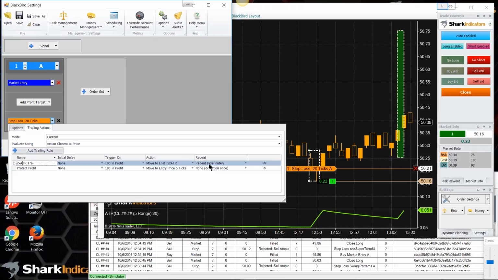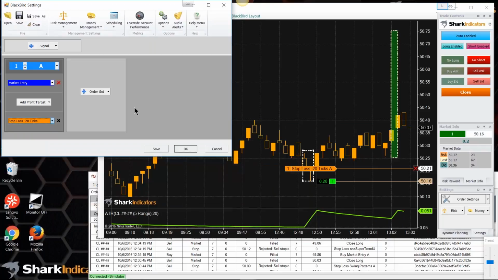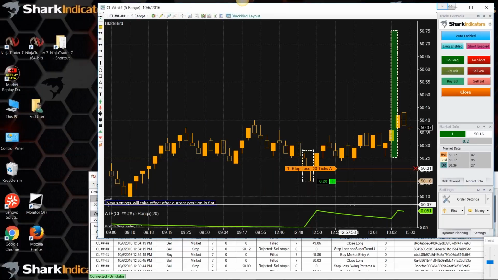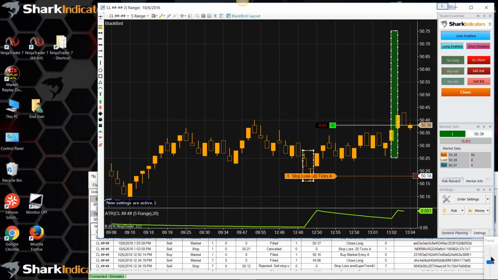So that actually becomes a trailing rule. That actually becomes a trailing action, so to speak. Right. So let's click OK. And let's close this out. And let's go along.